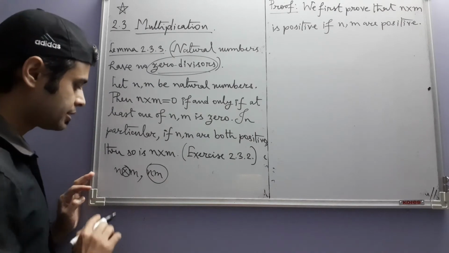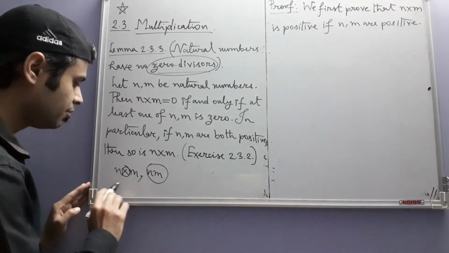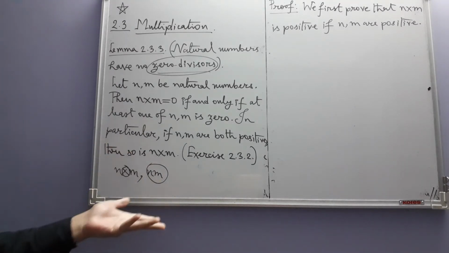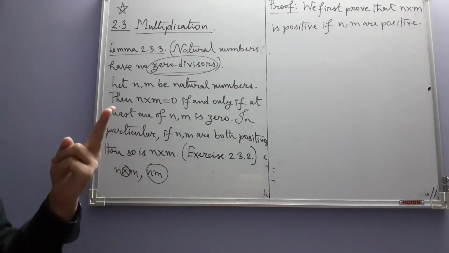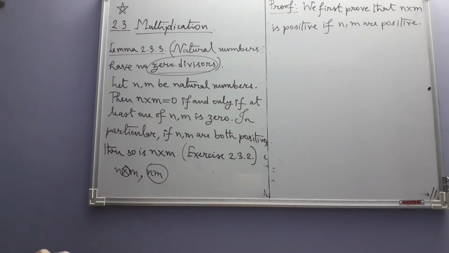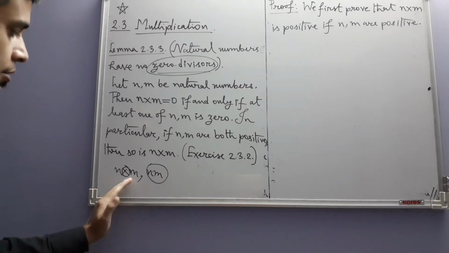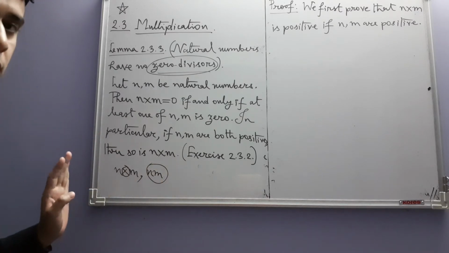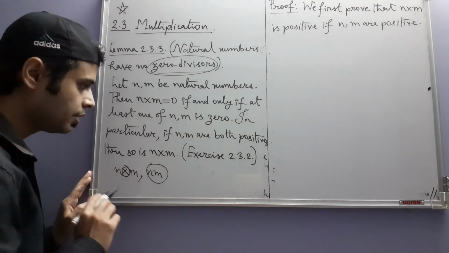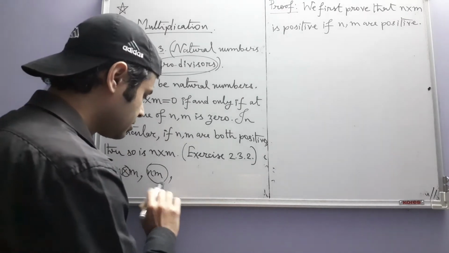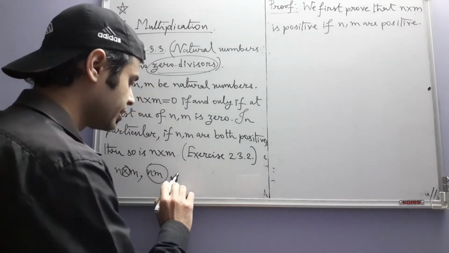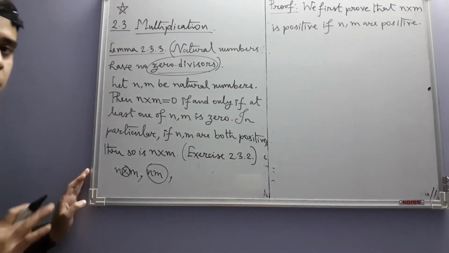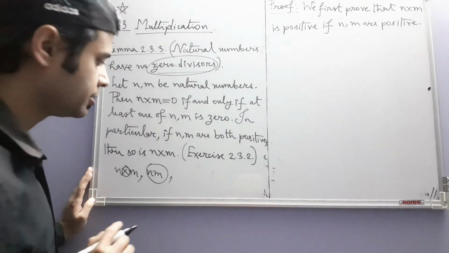But I cannot do the same thing with addition, because then we will not know what we are applying, whether nm means n plus m or n cross m. So if we have two operations, one of them we can suppress for ease of notation, and according to the usual practice, we suppress the multiplication. And at this stage, I should also mention that we assume the usual precedence that multiplication gets over addition.